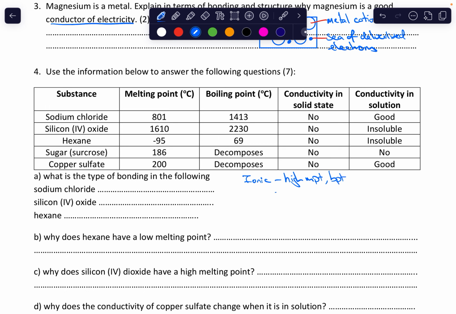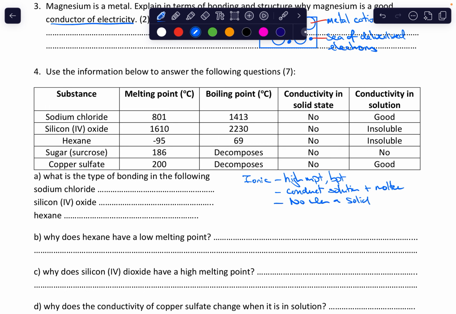You will also conduct when in a molten state, or in solution, so when it's dissolved, but you will not conduct when a solid.